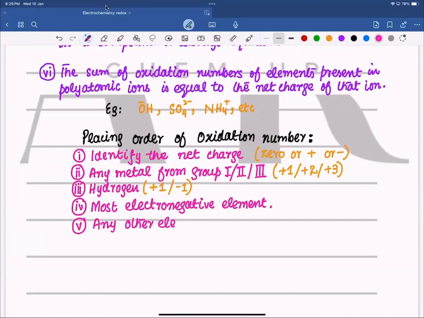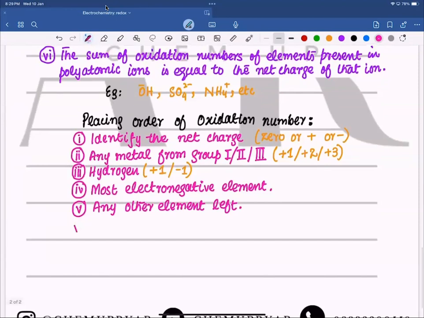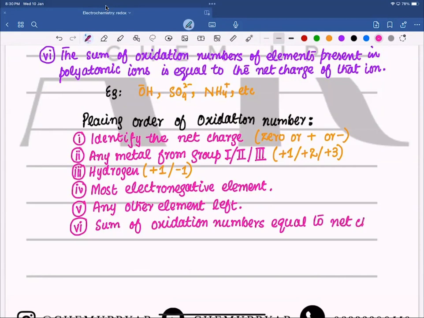And keep in mind that when you are putting the oxidation number for the last one, put it in such a way that the sum of the oxidation numbers is equal to the net charge.